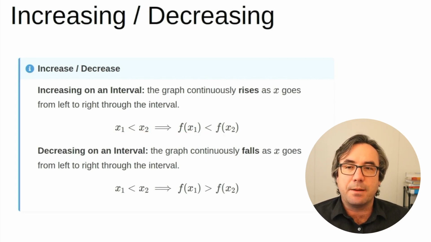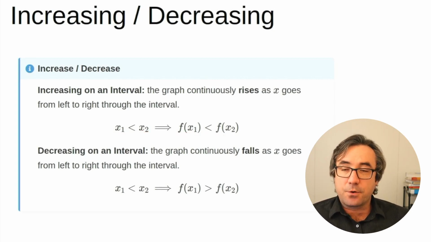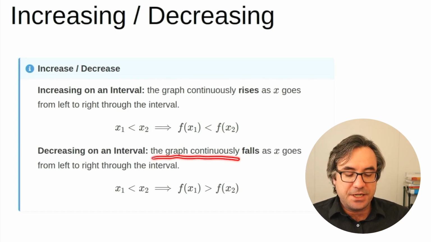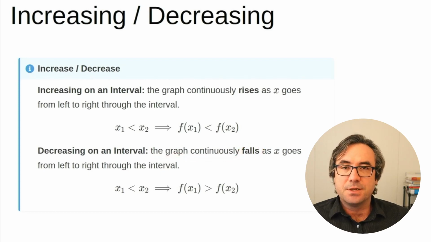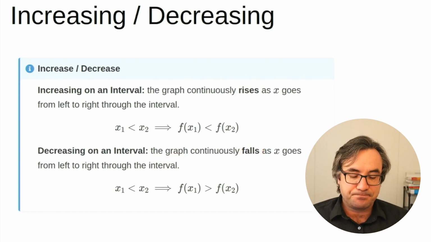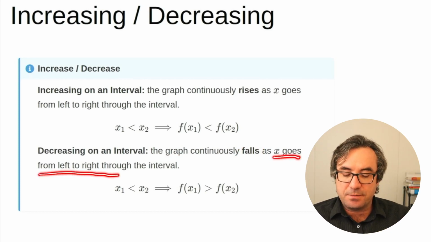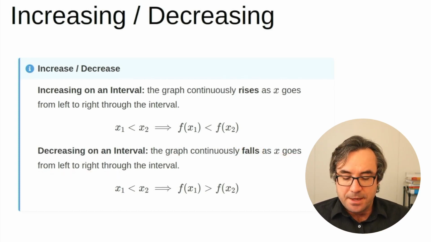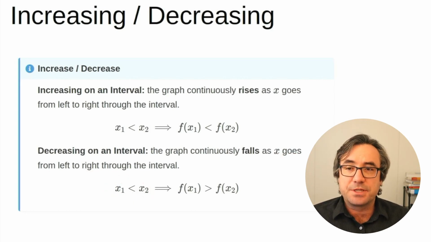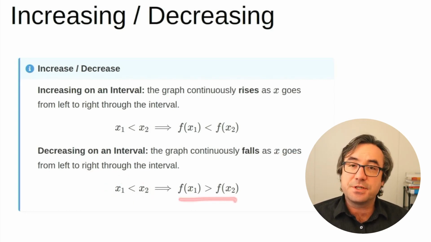Our function's going up. Now, for a function that's decreasing on an interval, the opposite happens. The graph continuously falls. So it moves down. Another way to think of this is that as x goes from left to right through our interval, as our x values get bigger, the function values get smaller.